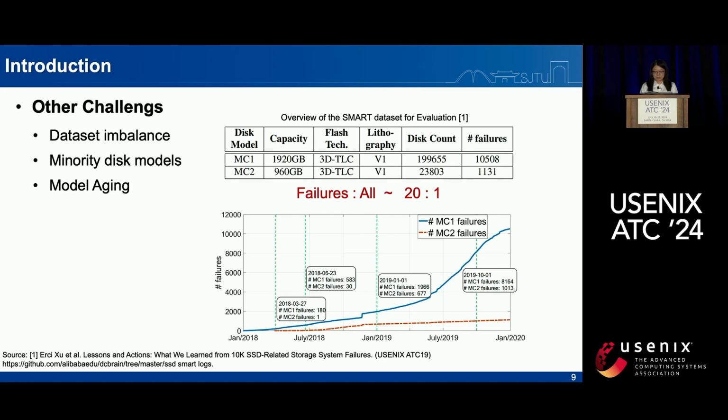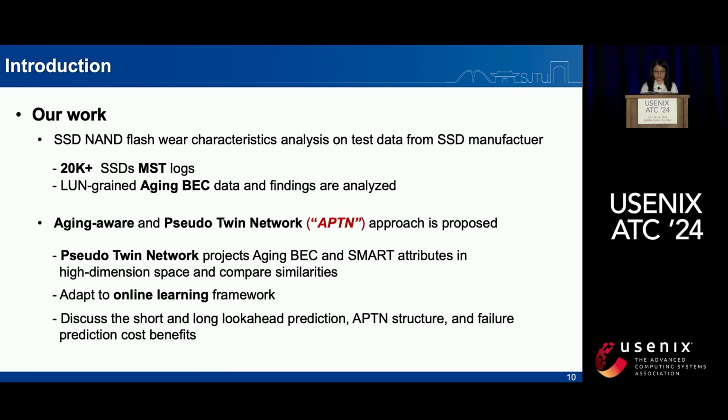For example, the first MC2 SSD failure occurred over 2 months after the first MC1 SSD failure. If a predictor had been trained prior to this event, it would have performed poorly in predicting the MC2 failure due to insufficient learning of specific features.